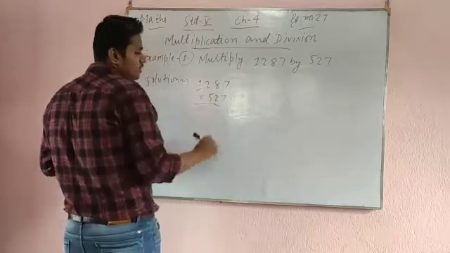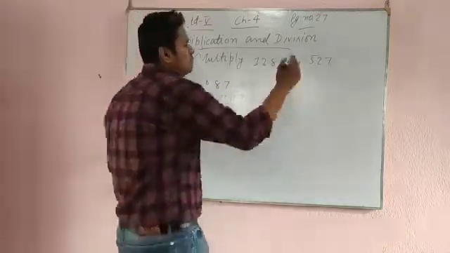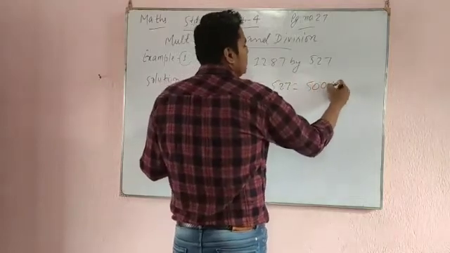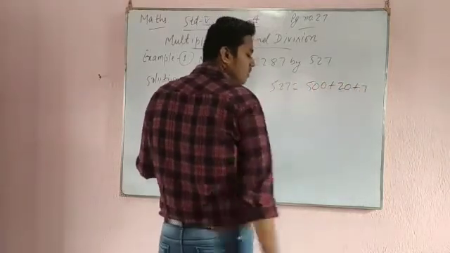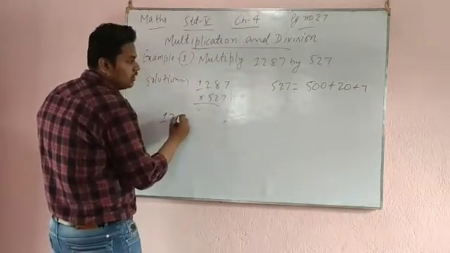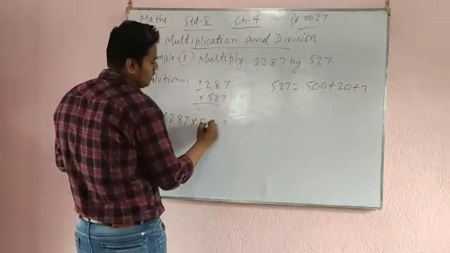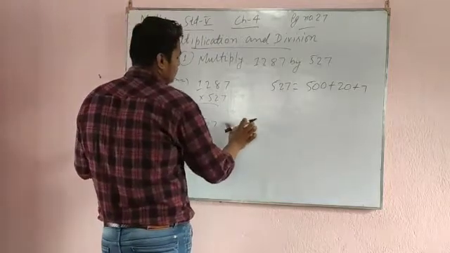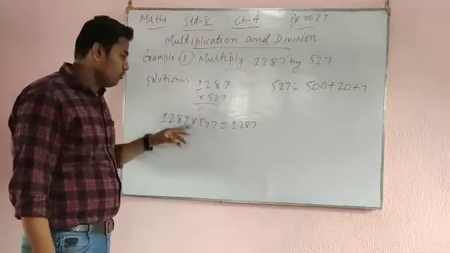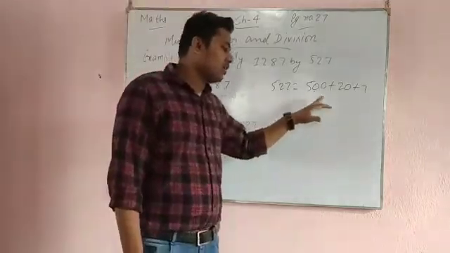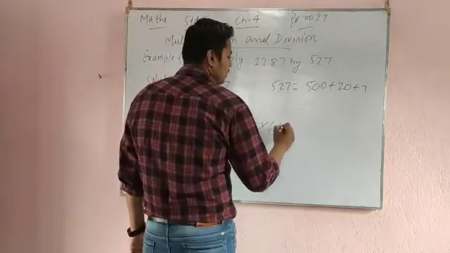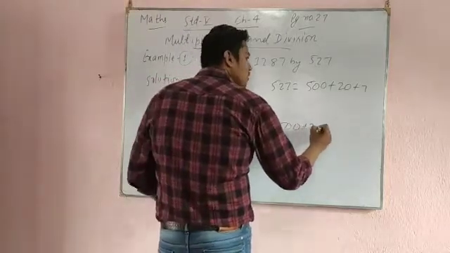One more method is this: 527 you break into expanded form, 500 plus 20 plus 7. So 1287 will remain the same, and 527 I break into 3 parts in expanded form, 500 plus 20 plus 7.